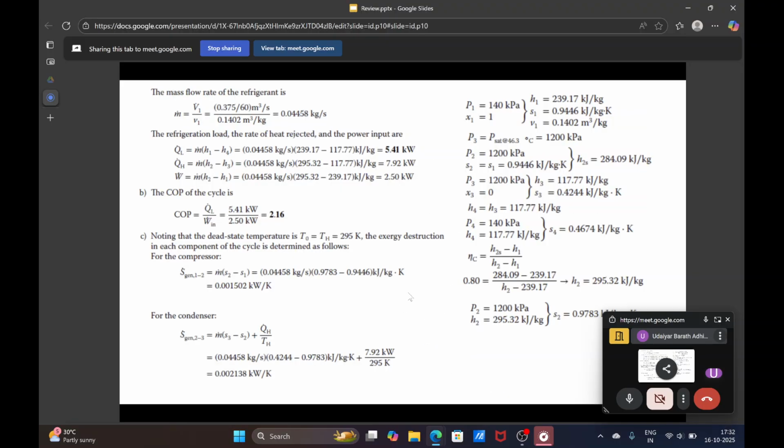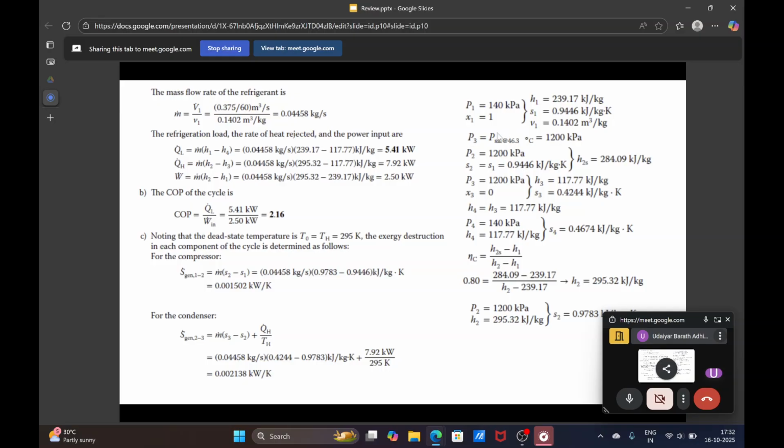So 140 kilopascal and vapor quality of 1 gives you an enthalpy of 239.17 kilojoule per kg, an entropy of 0.9446 kilojoule per kg Kelvin, and a specific volume of 0.1402 meter cube per kg.